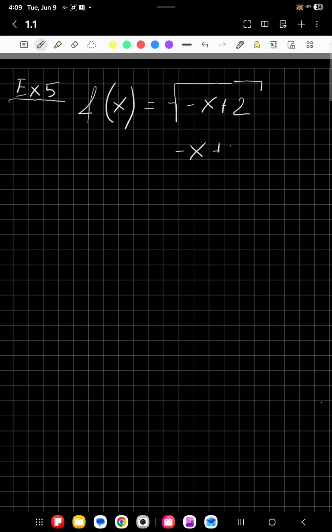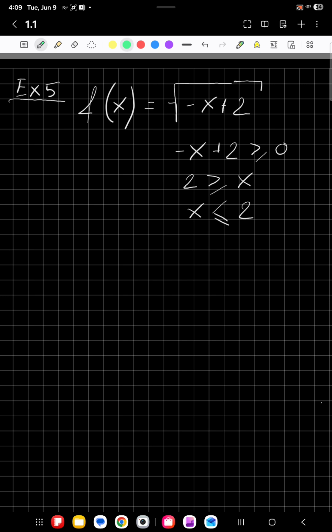So negative x plus 2 needs to be greater than or equal to 0. The way I solve those is I add x to both sides, or move the x to the other side. Let me rewrite it with x on the left, the way we want to have it. So this is the solution.